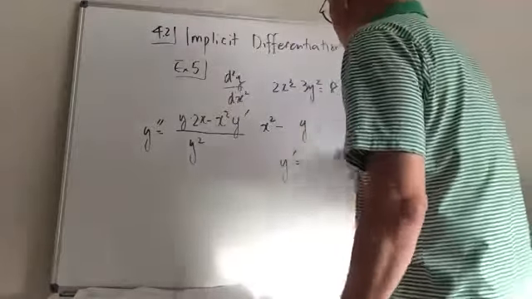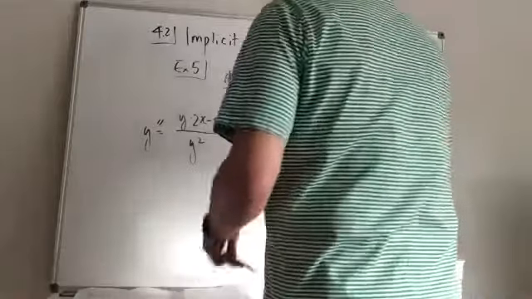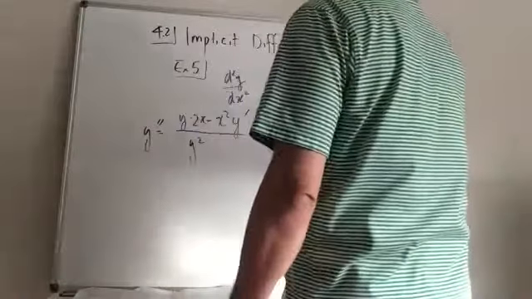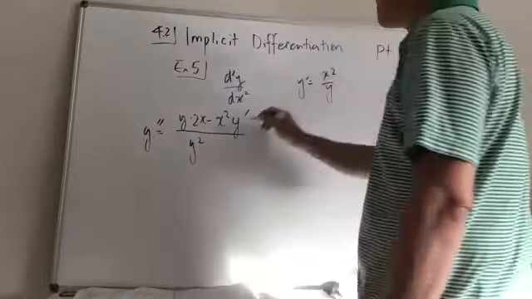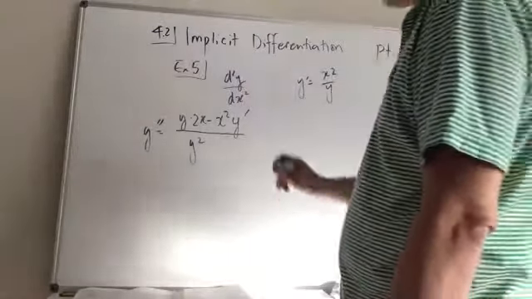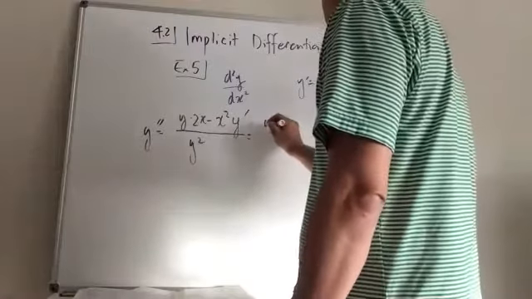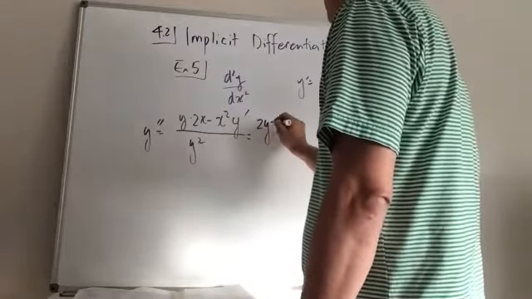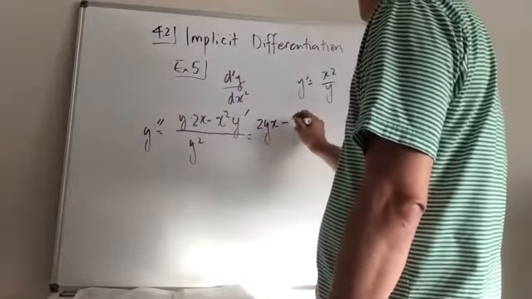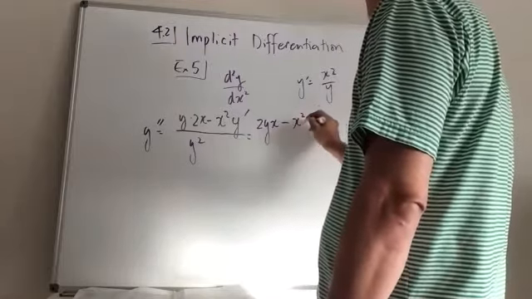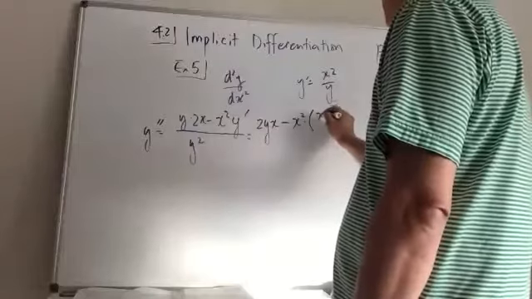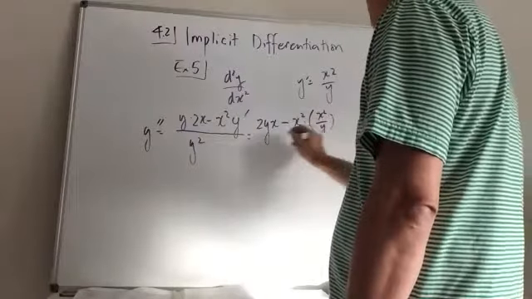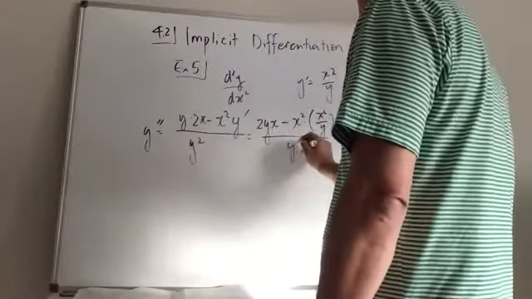But from here, what do we have? We already know that y prime is equal to x squared over y. So we can actually put this back in here. So this is going to be y times 2xy minus x squared times, I'm going to put y prime in here, so I'm going to get x squared over y, squared.